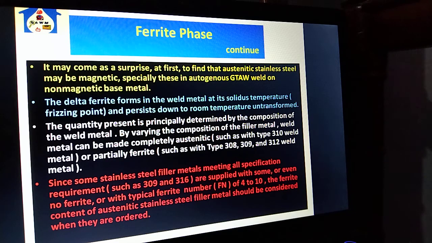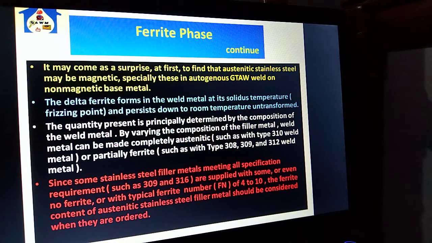The delta ferrite forms in the weld metal at its solidus temperature, the freezing point, and persists down to room temperature untransformed. The quantity present is in principle determined by the composition of the weld metal.